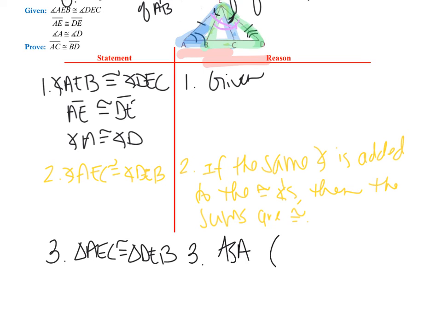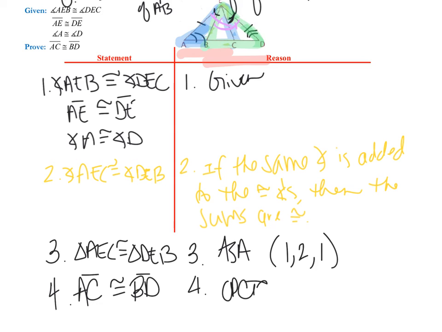And our steps to prove it were 1, 2, and 1. And then we can say that those two are congruent. So we have segment AC is congruent to segment BD by CPCTC.